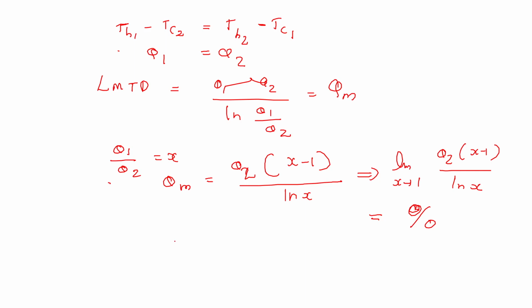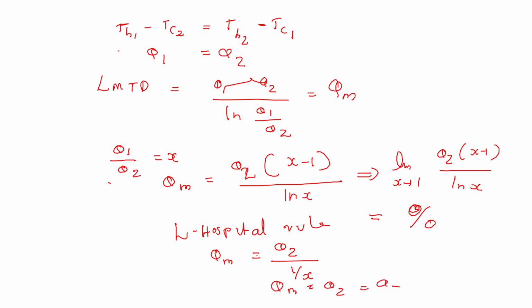So theta m is equal to theta 2 divided by the derivative of log x, which is 1 over x. From that, we will get theta m is equal to theta 1 is equal to theta 2.